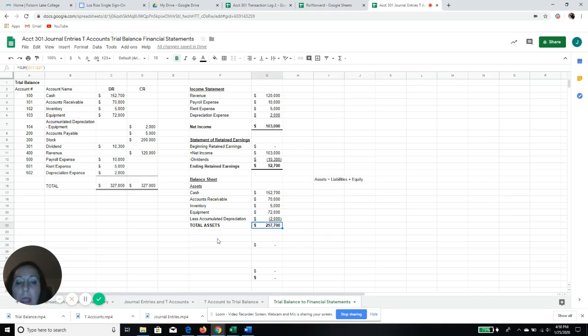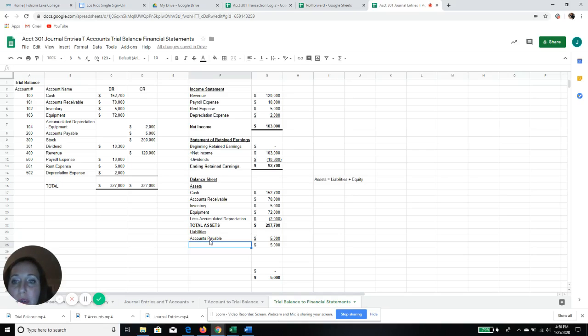Okay, let's go to our liabilities. We have one liability account, accounts payable. And the balance in accounts payable is 5,000. I'm going to list this as a positive number because I'm in the liabilities section.